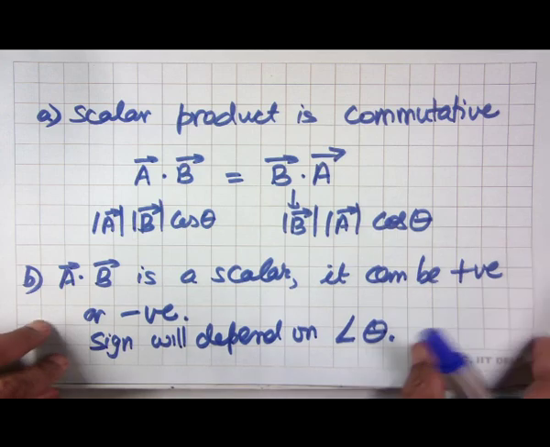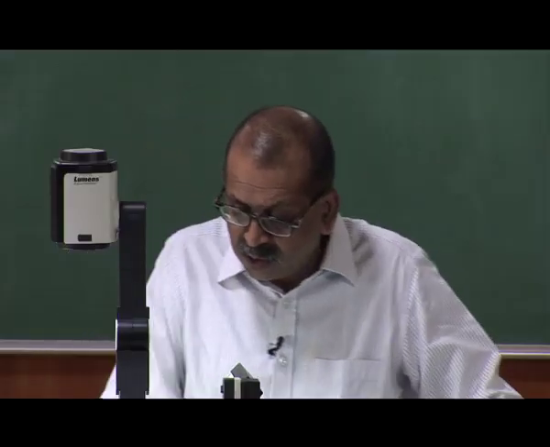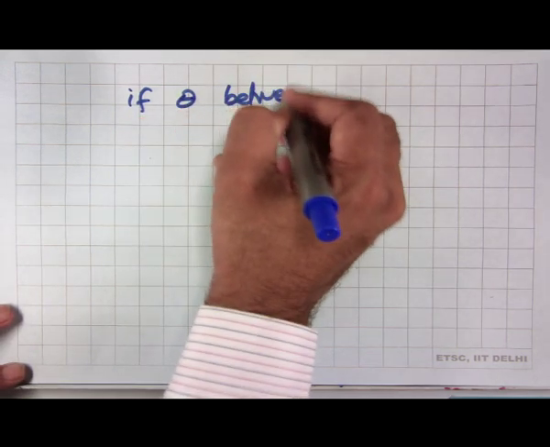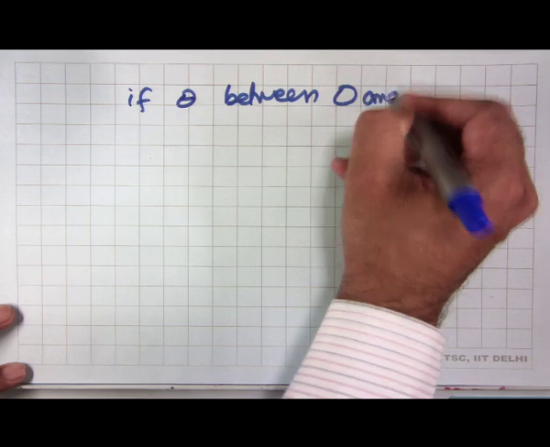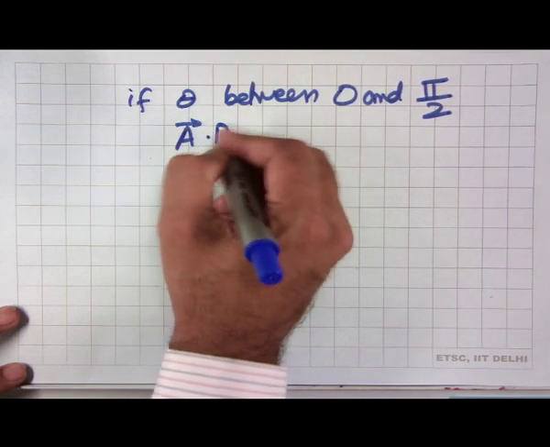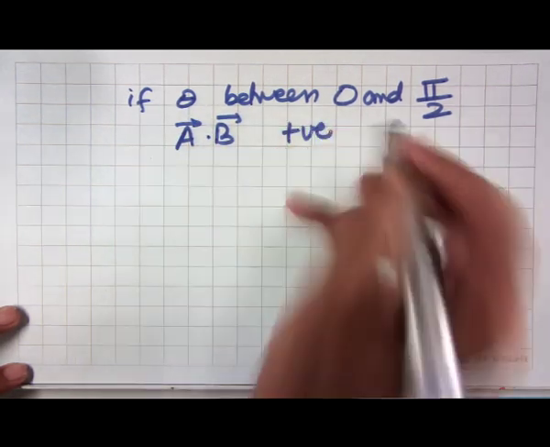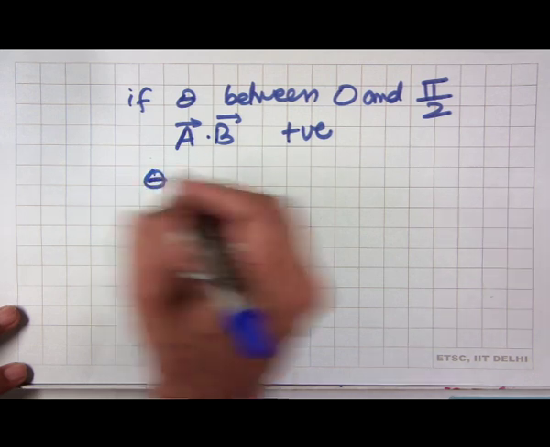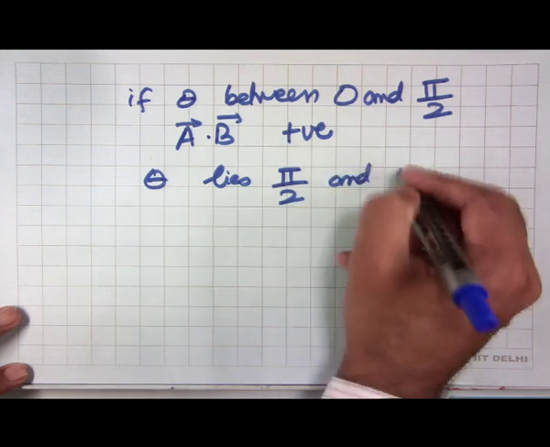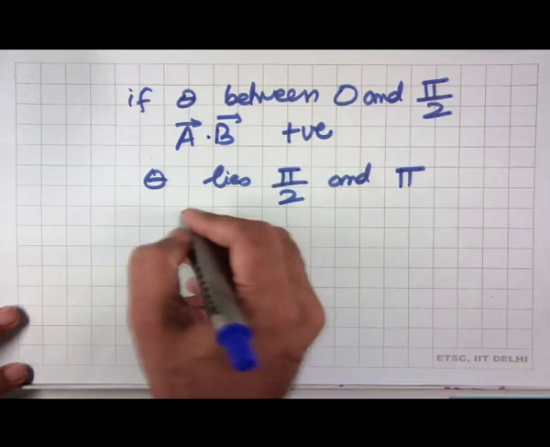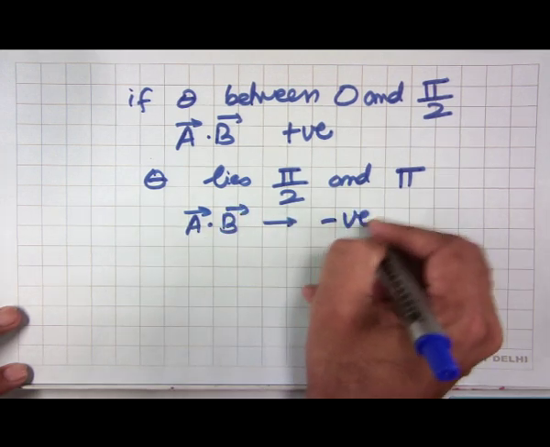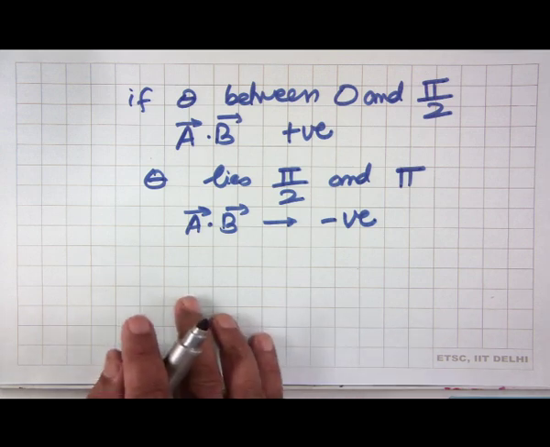If the angle theta is between 0 and pi by 2, then A dot B will be positive, and if theta lies between pi by 2 and pi, then A dot B will be negative.